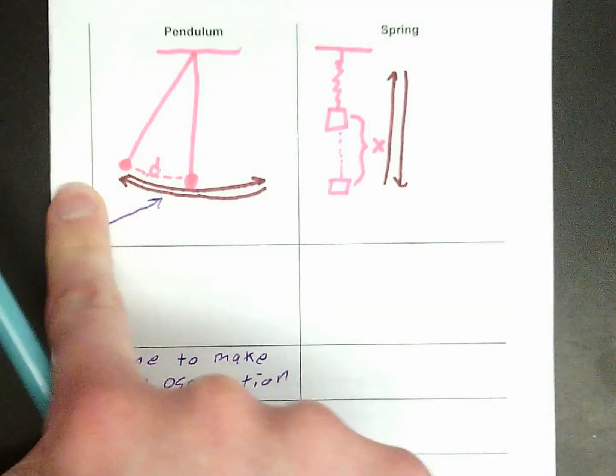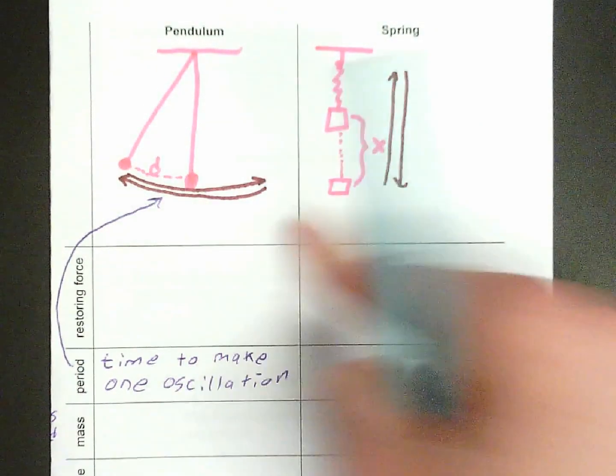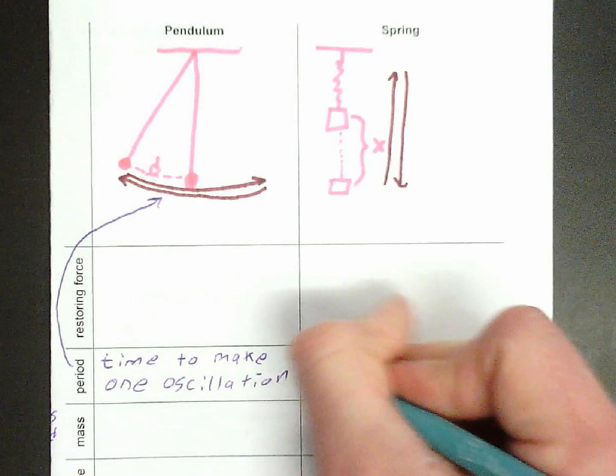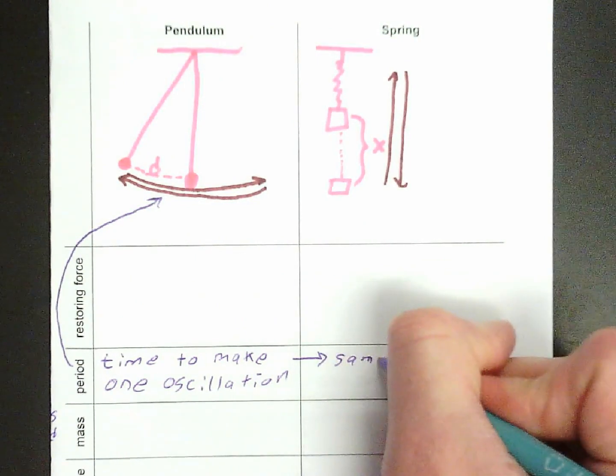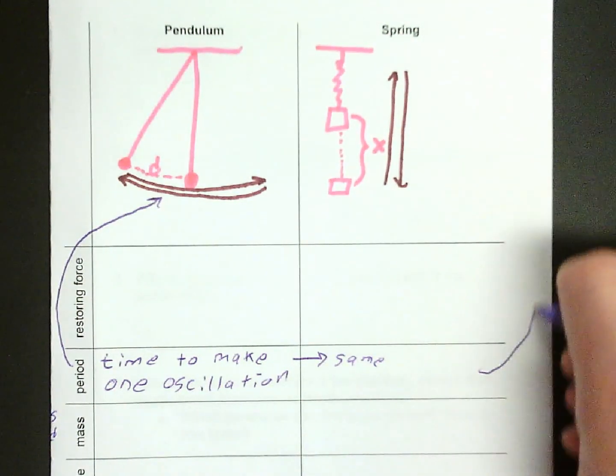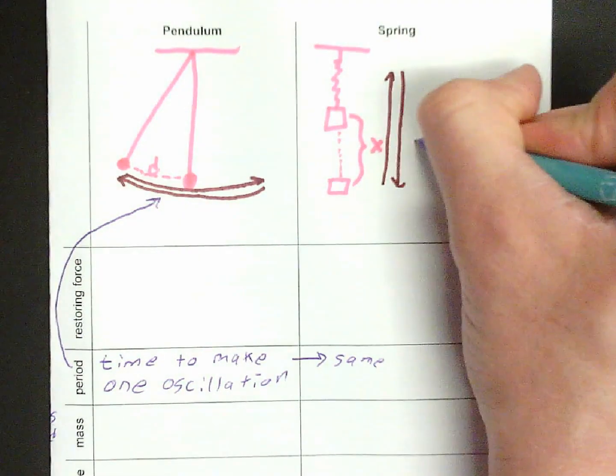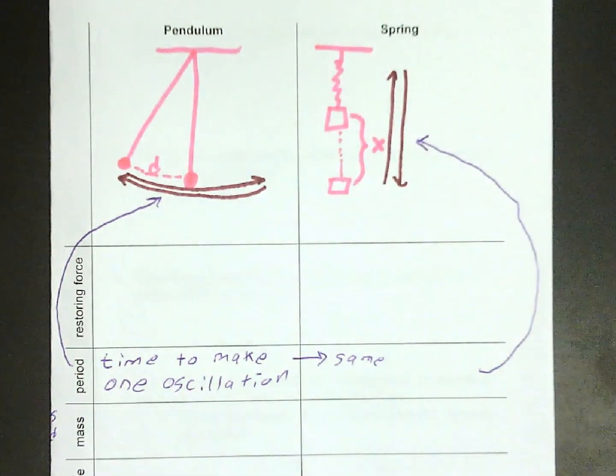And the period, same definition for a spring, is this, the up and down motion. Period for a pendulum would be the side to side, and period for a spring would be the up and down. It's the time it takes to go once. There we go, we got one right already.